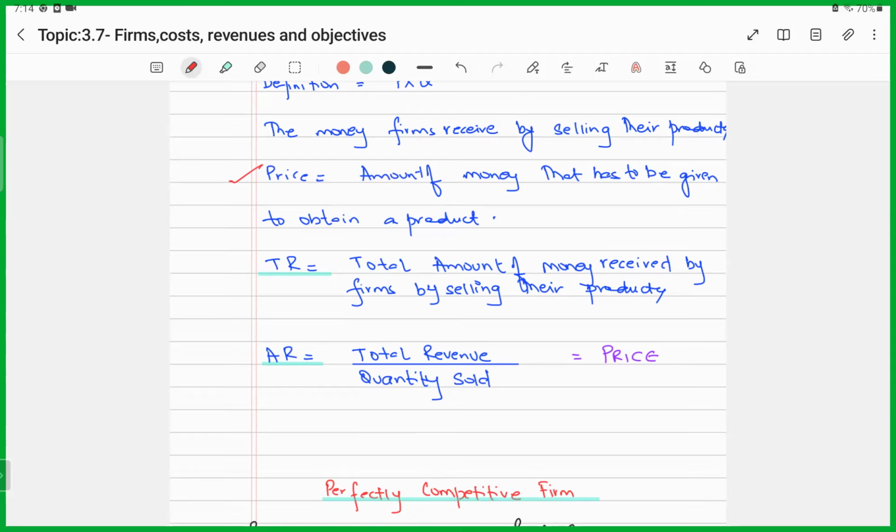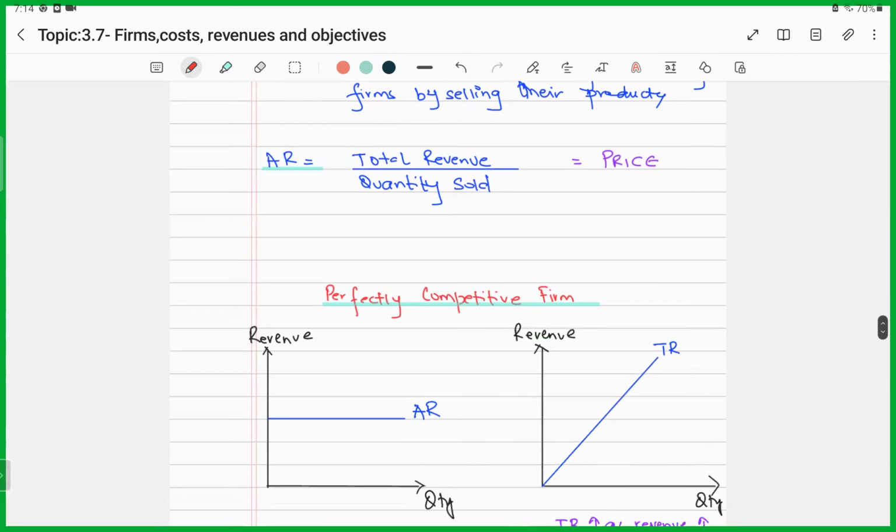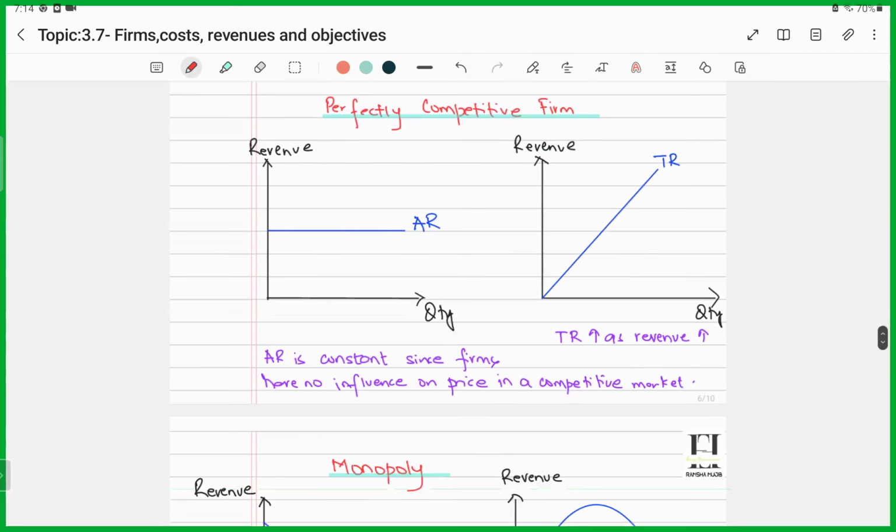Now, these are the two curves, one which are to be found under the situation of a perfectly competitive firm. The first is displaying the average revenue, and the second diagram is displaying the total revenue. Now, average revenue is constant, whereas the total revenue is rising. Why is the average revenue constant?